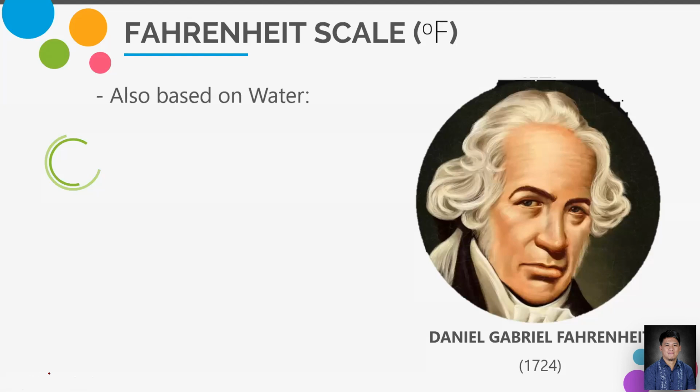So if we base it on water, earlier 0 degrees was the freezing point of water in Celsius, but in Fahrenheit, the freezing point of water is 32 degrees Fahrenheit.